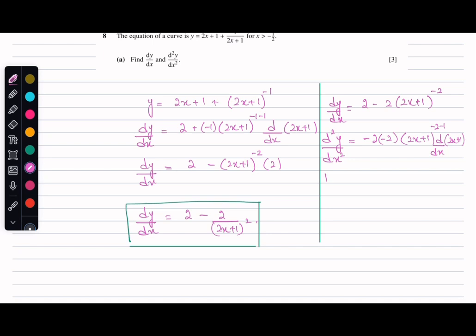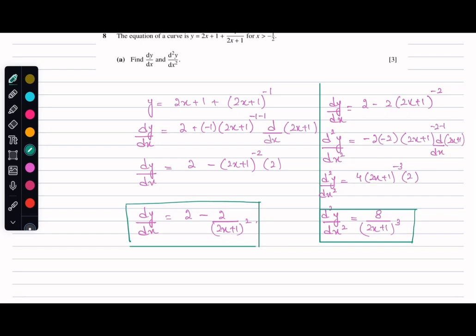So here I can say that my second derivative shall be a positive 4 and 2x plus 1 to the power negative 3, and the differential of 2x plus 1 is just a 2, and I can say that the second derivative here, d2y by dx square, shall be equal to 8 divided by 2x plus 1 the whole to the power 3 here. So this shall then be the answer for the second derivative of the y equation in terms of x.